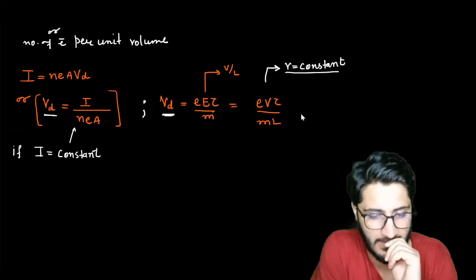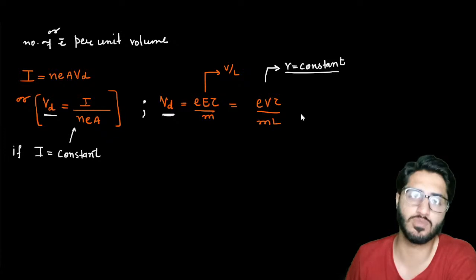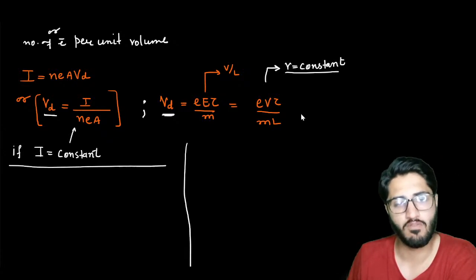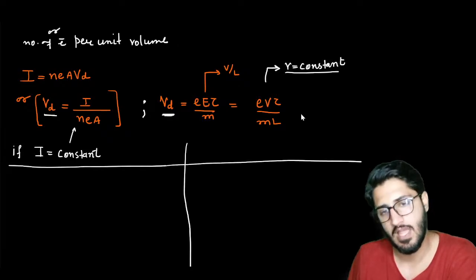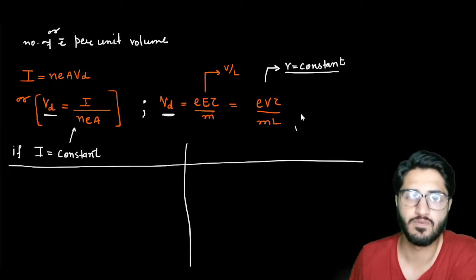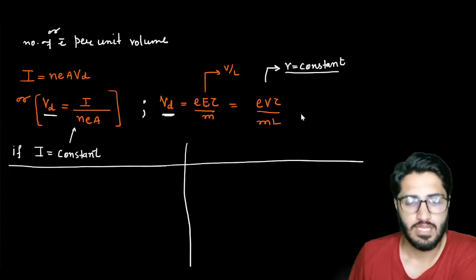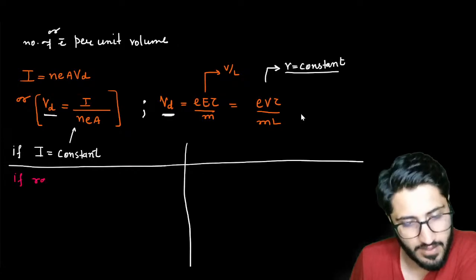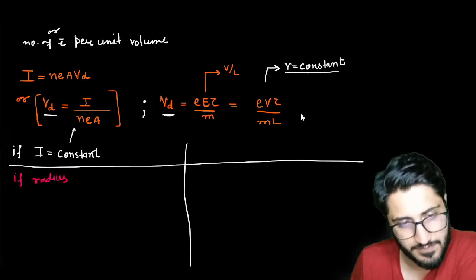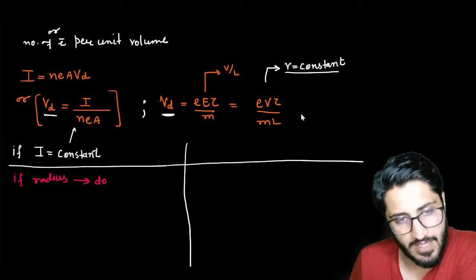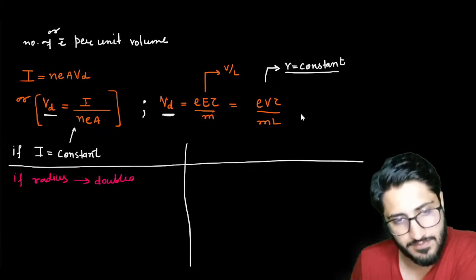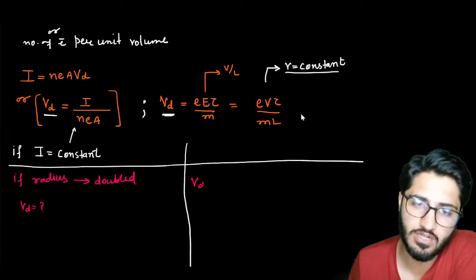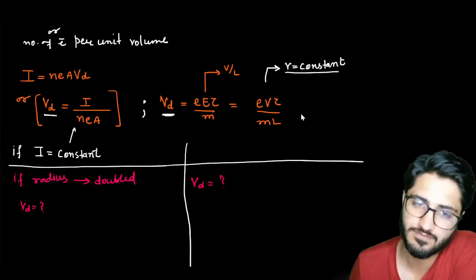Suppose in our numerical, it asks us that if the radius gets doubled, find the effect on the drift velocity.